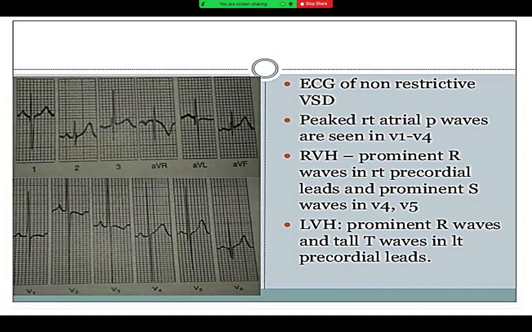There are different criteria, for example looking at aVL, or the sum of the R wave in V5, V6 and the sum of the S wave in V1 and V2 as well. We have already covered those in the earlier sessions.